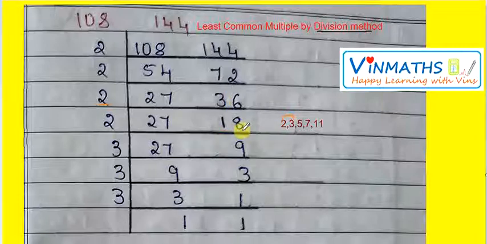Next, 27 is an odd number not divisible by 2, but 18 is an even number, divisible by 2, so we chose 2. 27 we wrote as it is. 2 nines are 18, so directly we wrote 9. Now we have two numbers, 27 and 9. The first prime is 2, but both the numbers are not divisible by 2, so now we skip this 2.